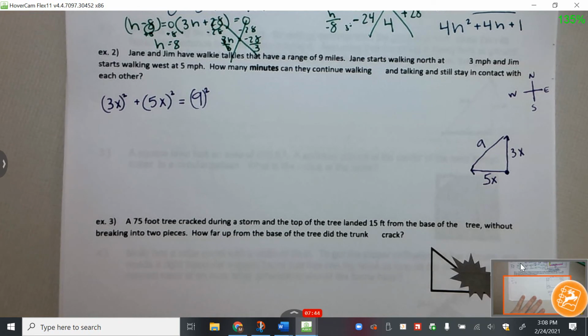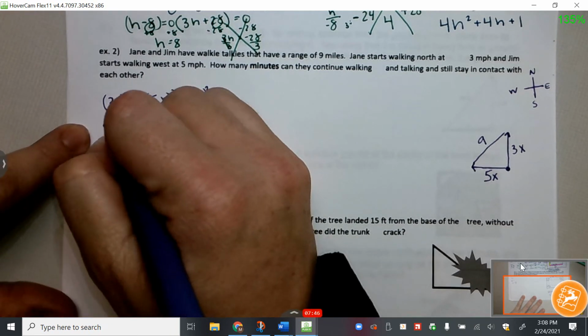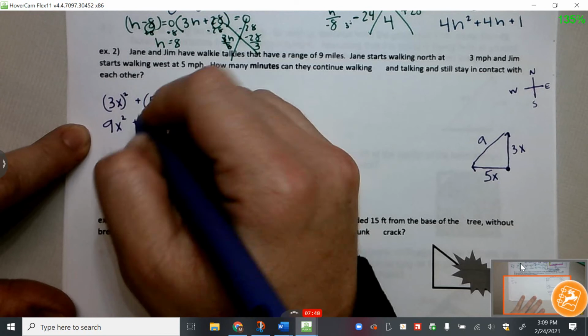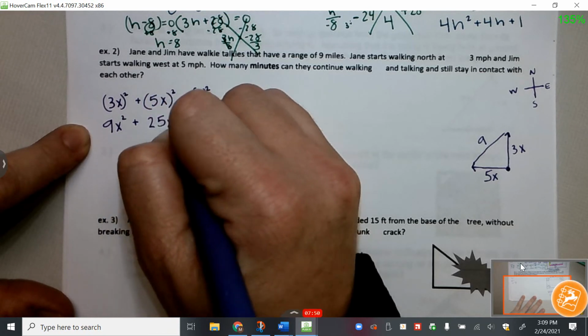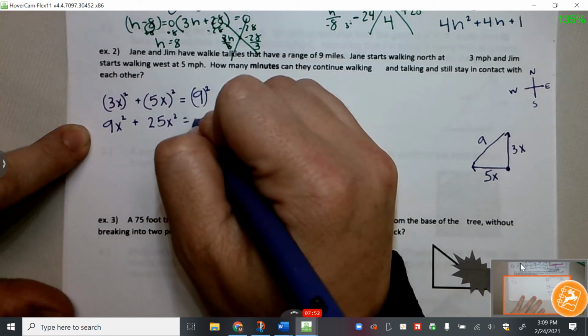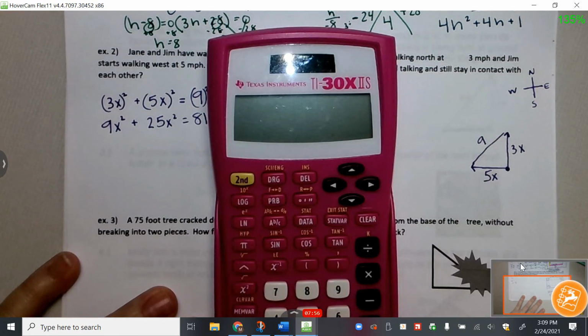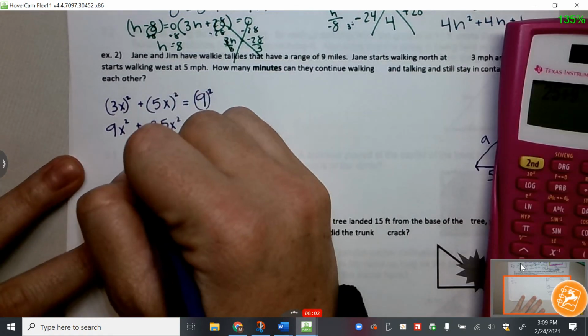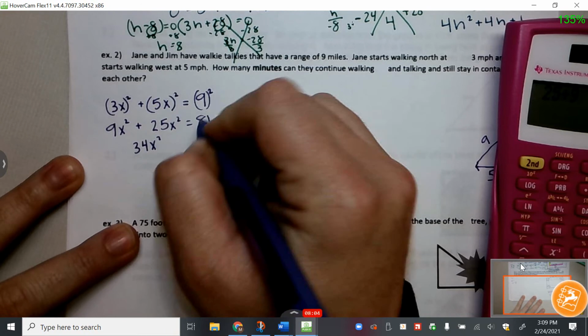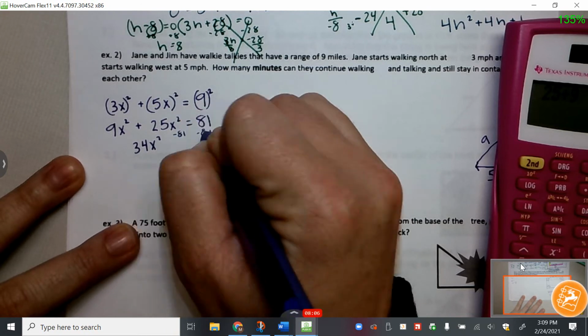So this ends up giving us 9x squared plus 25x squared equals 81. 25 plus 9 is 34. I could subtract 81 from both sides.